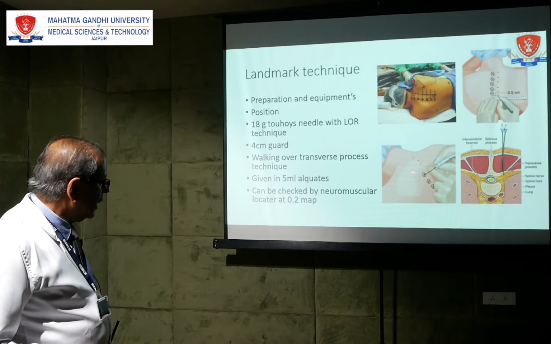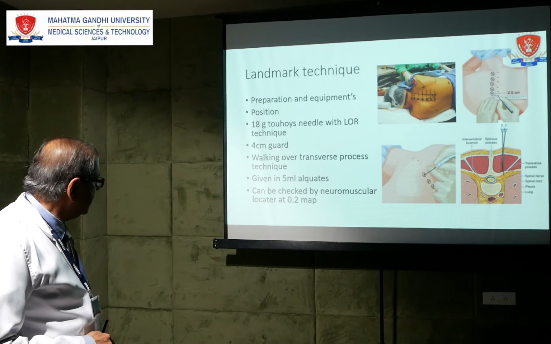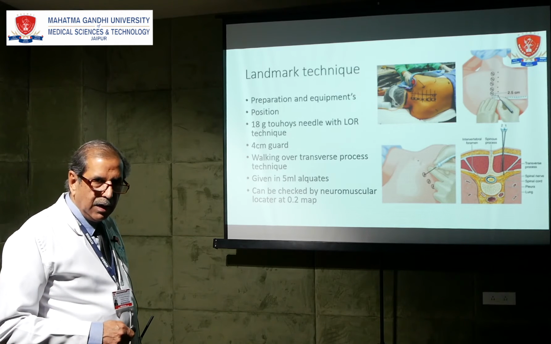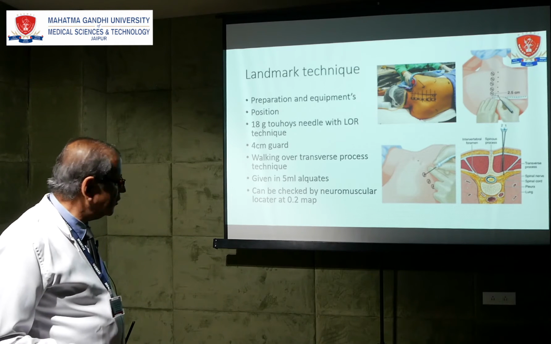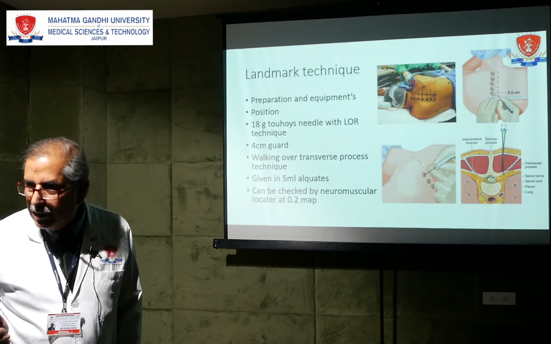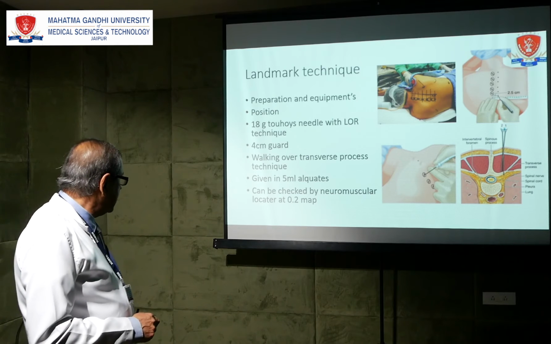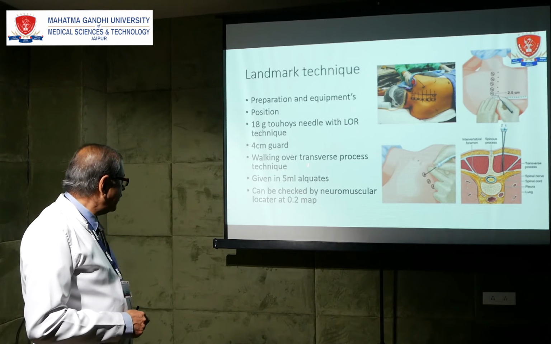So, a guard at 4 centimeters is provided so that you do not go far beyond and do not cause injury to the pleura, which is a structure very close to it. So, that has to be avoided at all times.